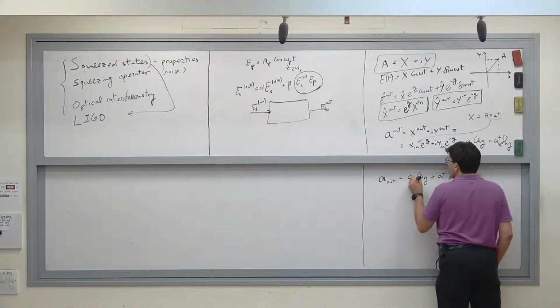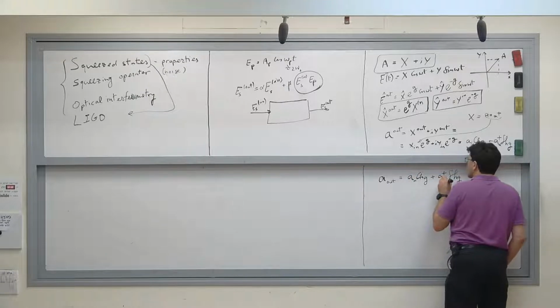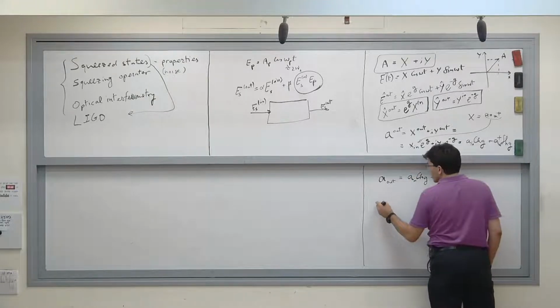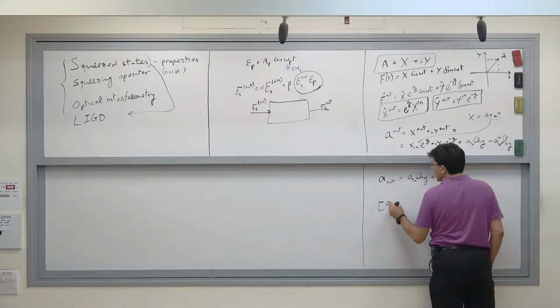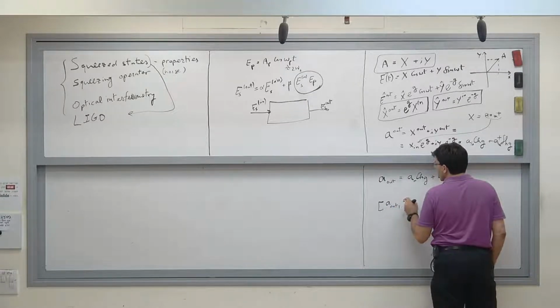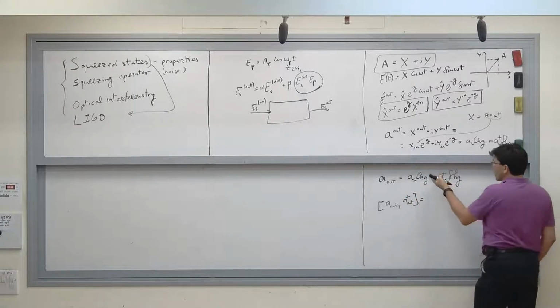Now we can ask ourselves, what is the commutator of a out with a out dagger? That's easy to calculate.